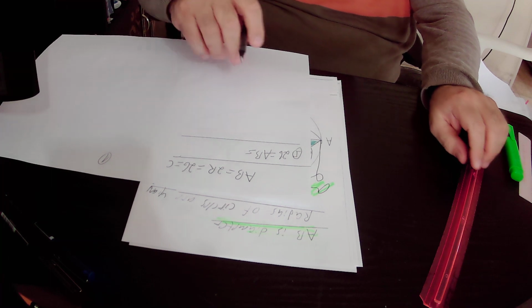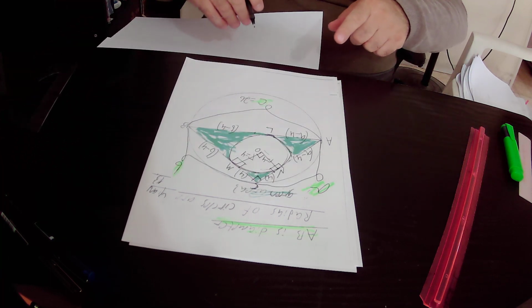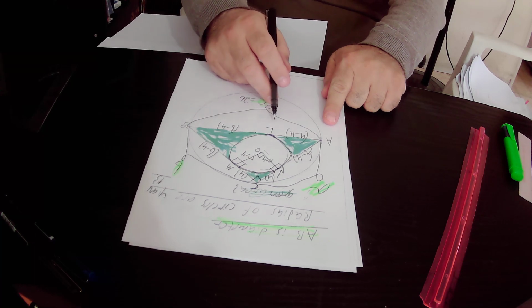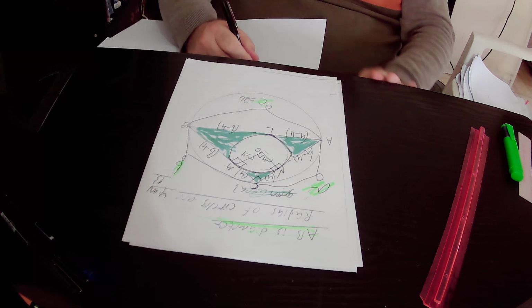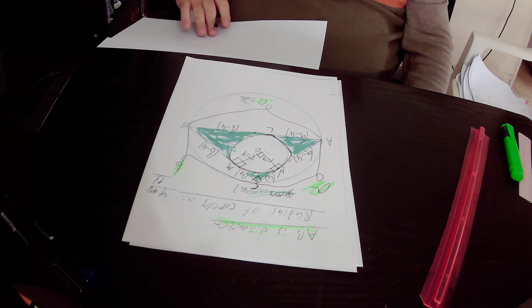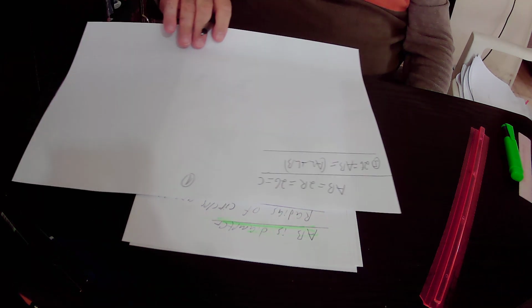But from the other side, from the drawing, it is very easy to see that AB equals AL plus LB. AB equals AL plus LB.